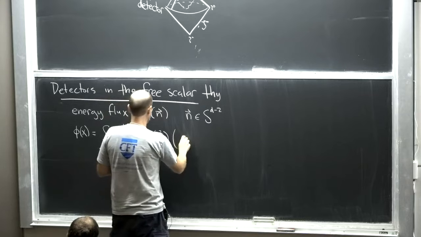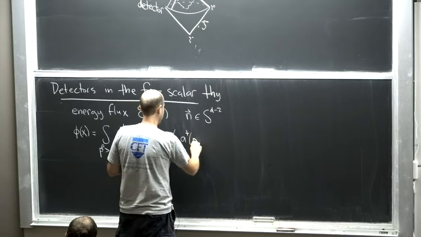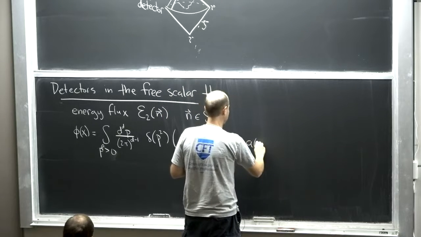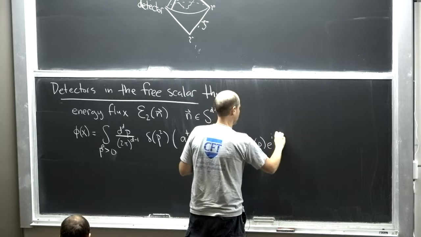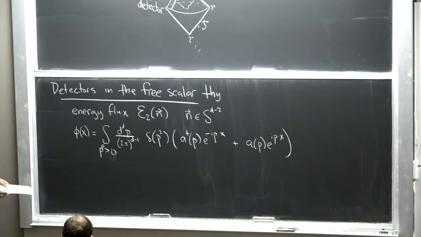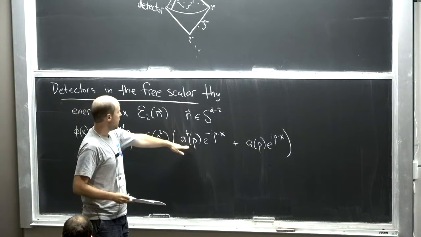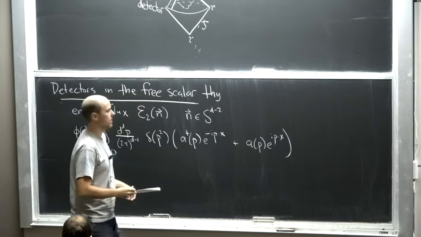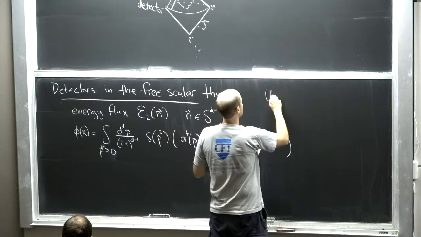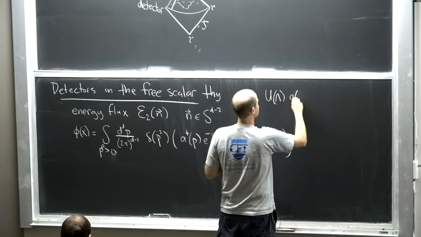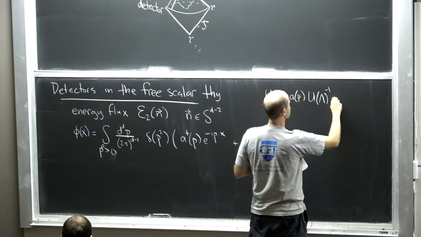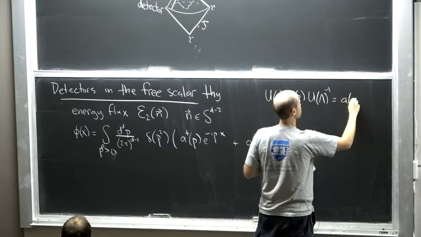Okay, and then we have creation and annihilation operators. And I'm using here a relativistic normalization for the creation and annihilation operators, where the a's and a daggers transform in a simple way under Lorentz transformations. So if you have a Lorentz transformation, then the momentum inside the creation operator or annihilation operator just transforms linearly.